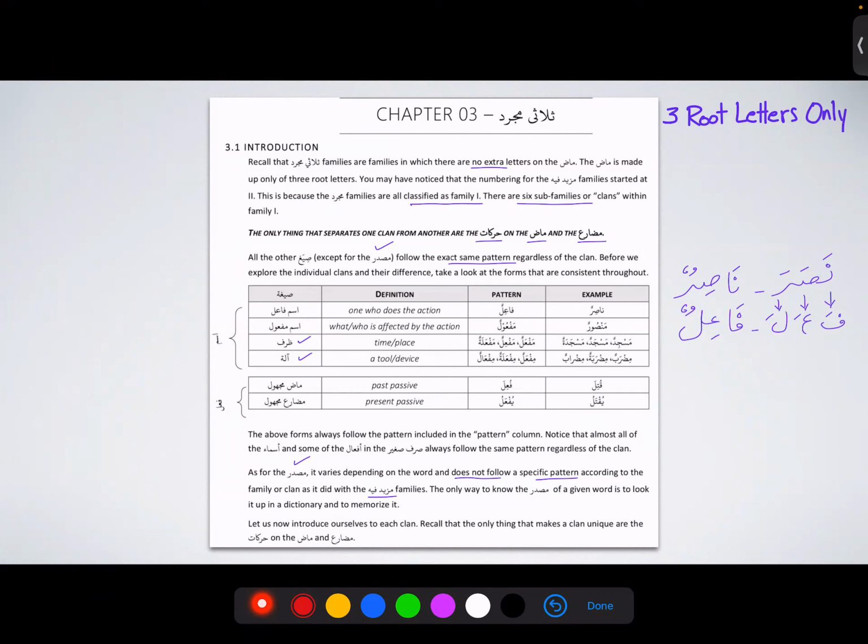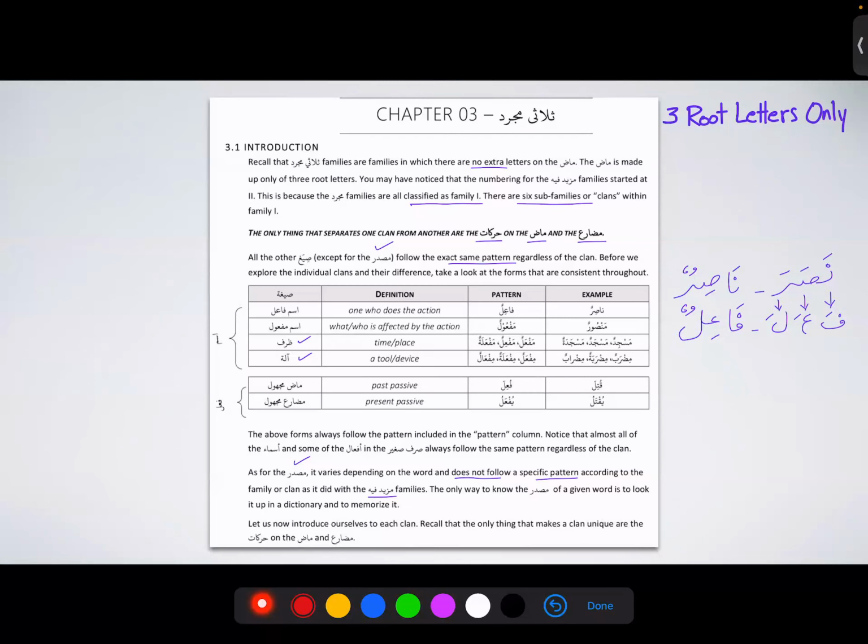In Mazid Fihi, actually the root letters are 3, but then there are some extra letters. But in Thalasi Mujarrad, there are absolutely not going to be any extra letters, right? So that's why we are calling them Thalasi Mujarrad.